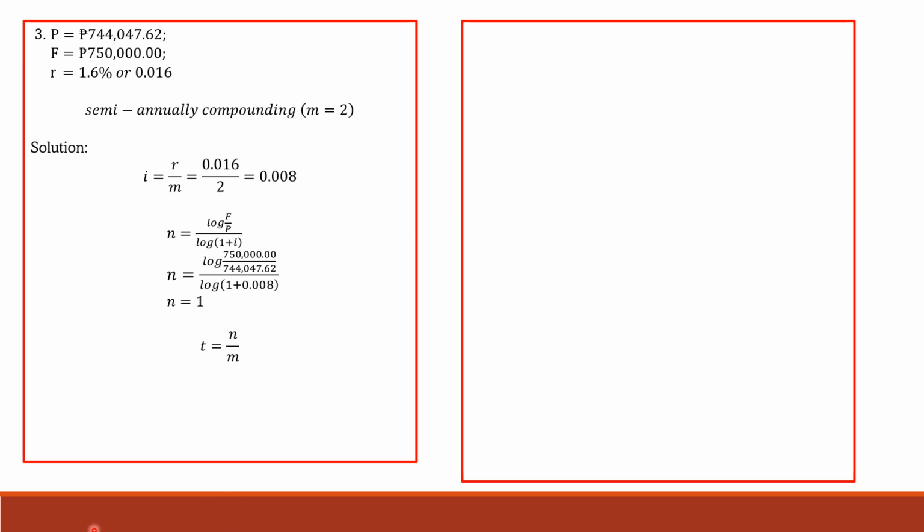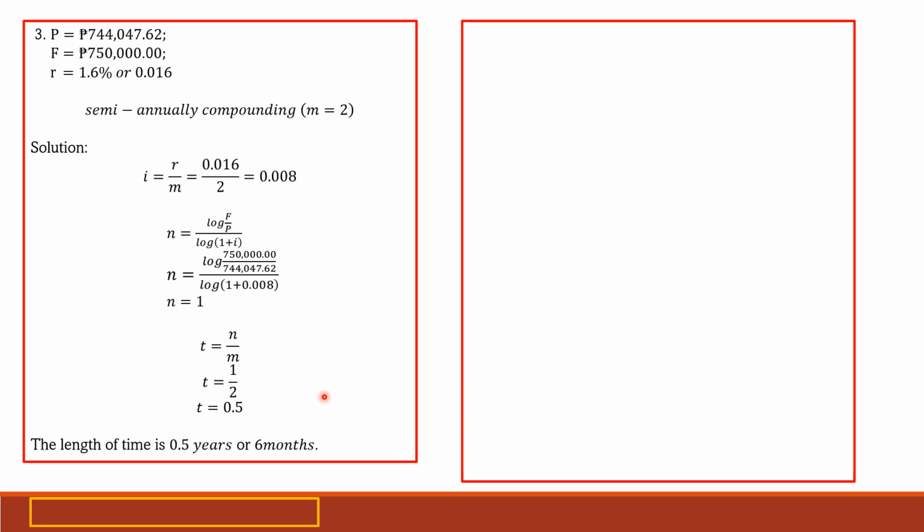Now, we'll just substitute that to the formula of the length of time. Length of time is equal to n divided by m. So, ang n po natin is 1. And then, ang m natin is 2. Semi-annually compounding. So, therefore, ang atin pong time or length of time is 0.5 years or 6 months. Okay?